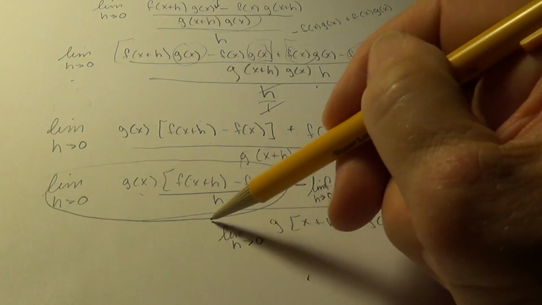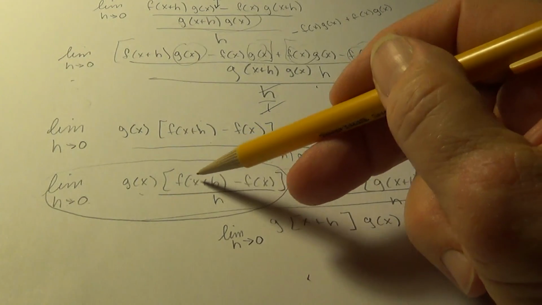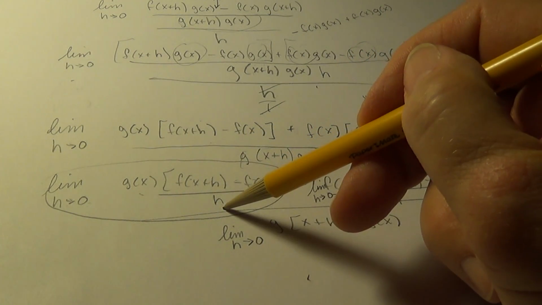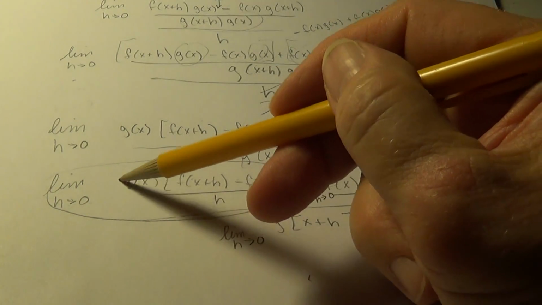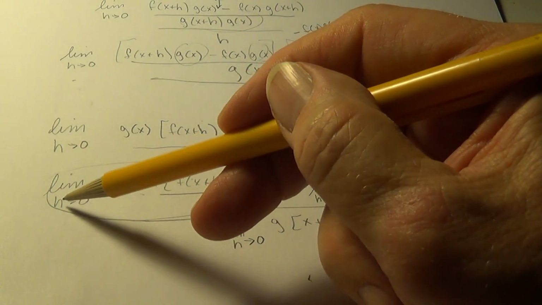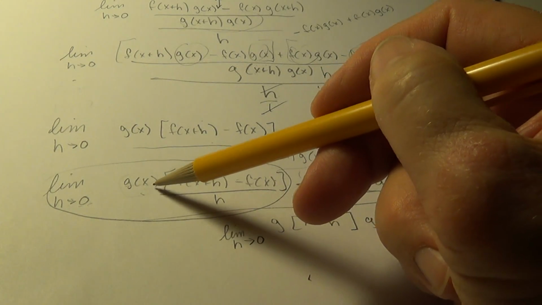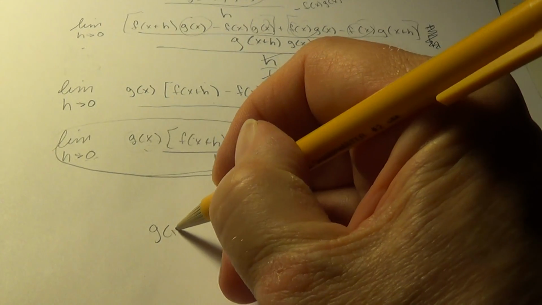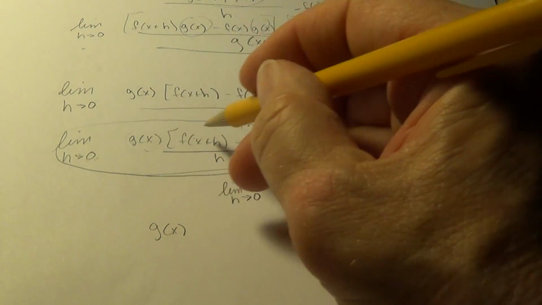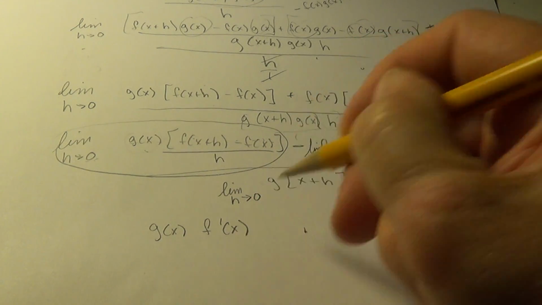Right here, the limit as h approaches 0 of f of x plus h minus f of x over h should ring a bell, and this doesn't have any h, so the limit as h approaches 0 is not affected by this. So we will get g of x unaltered, and this is the derivative of f of x.